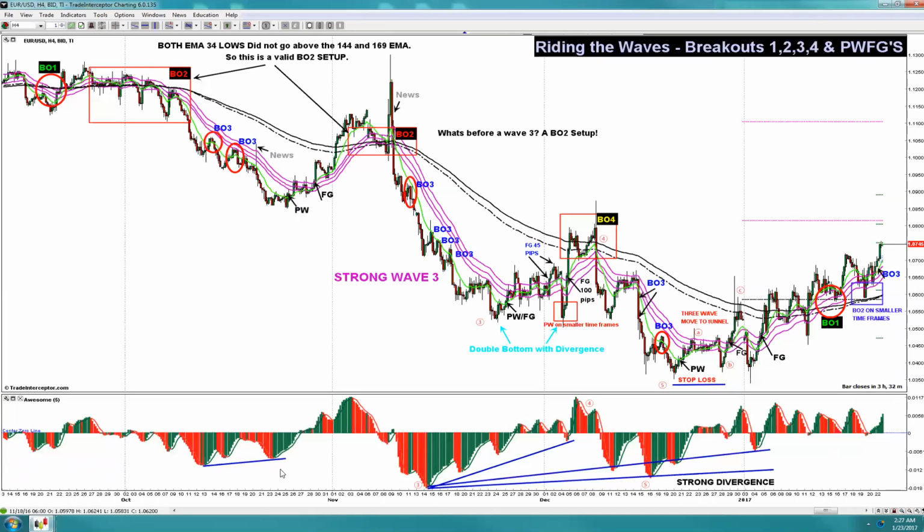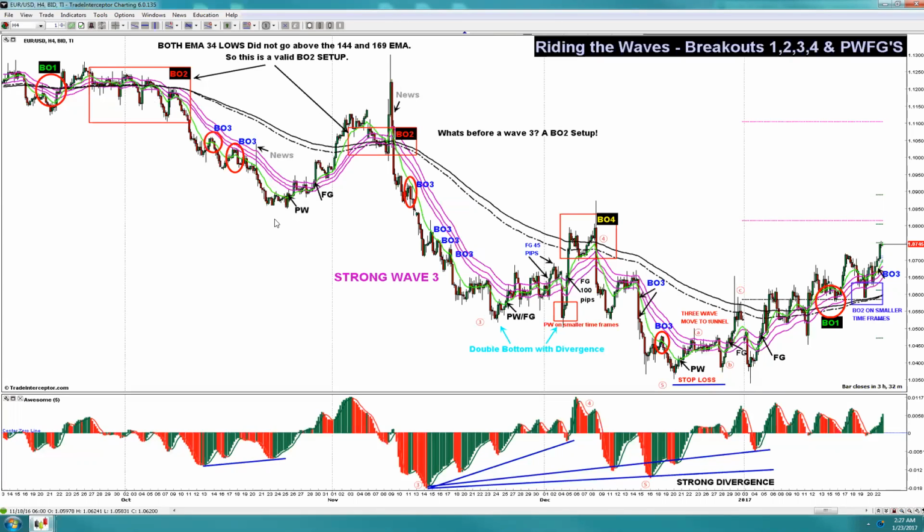We have divergence, and this is what I mean by not proper divergence, because we don't go back to the 0 line, but sometimes we forgive this. If we wanted to, in this case, we would have to go to one smaller time frame, then we would see proper divergence of this 5-wave sequence.